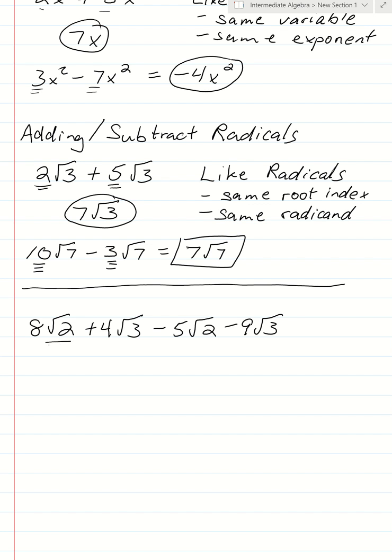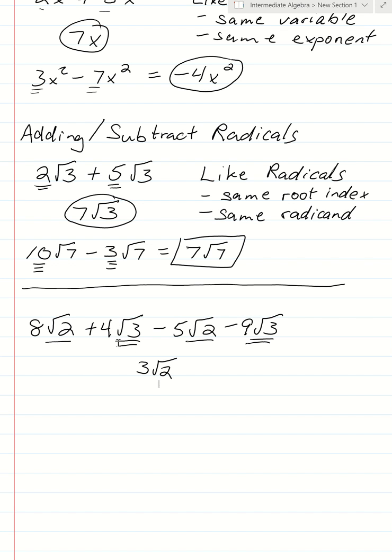There is the 2, as well as the radicand of 3. So we can only add and subtract those like radicals. If I take the 8 square root of 2 and subtract the 5 square root of 2, because those are the like radicals, that would give us a 3 square root of 2.